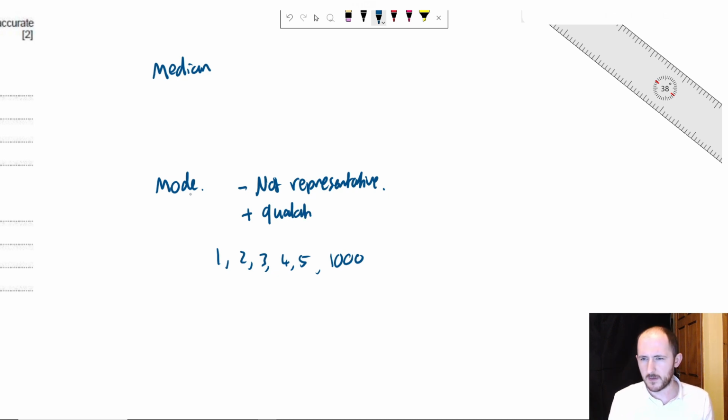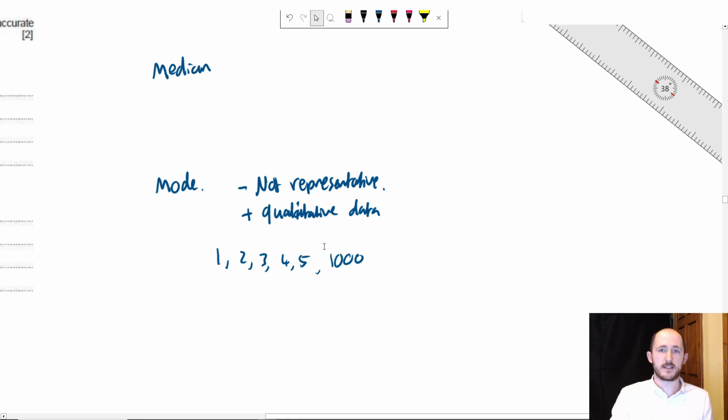Oh my god, I've spelt this wrong. Qualitative. Qualitative data, so for things like colours. I can't work out the average colour. I can't work out the mean of a colour, or even a shoe size, really. You kind of can, but not really.